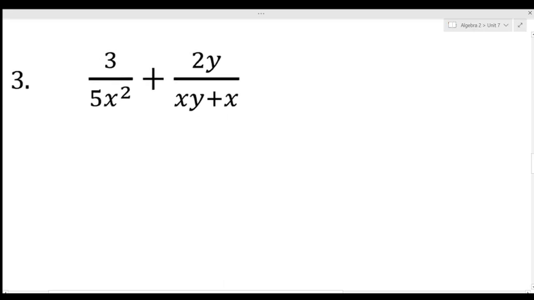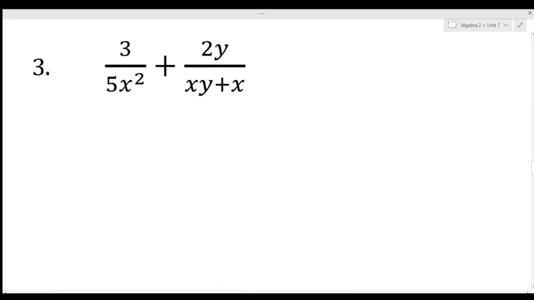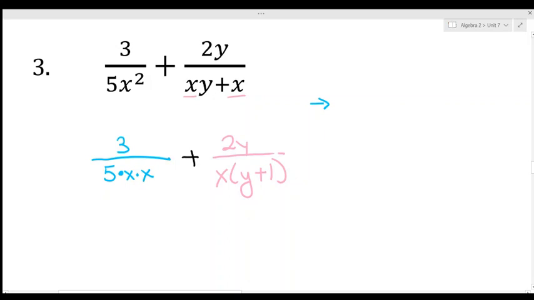All right, for number 3, we have 3 over 5x squared plus 2y over xy plus x. So we're going to rewrite our denominators. So my blue, we had 5 and x and an x. And then from a pink, we had an x and a y plus 1.